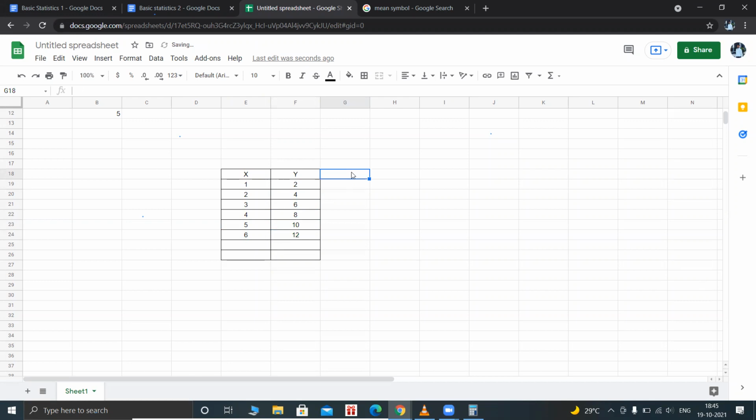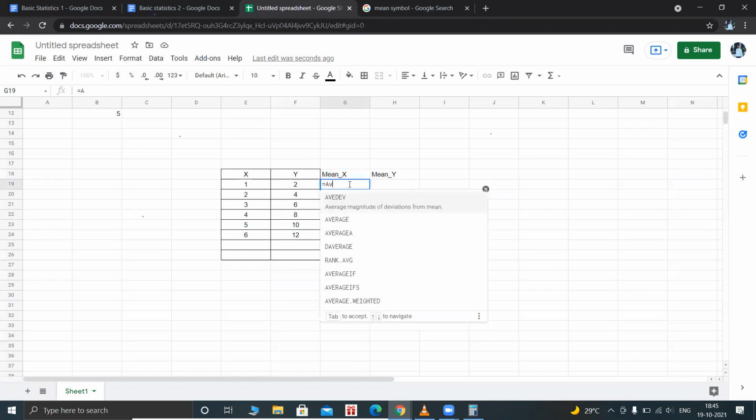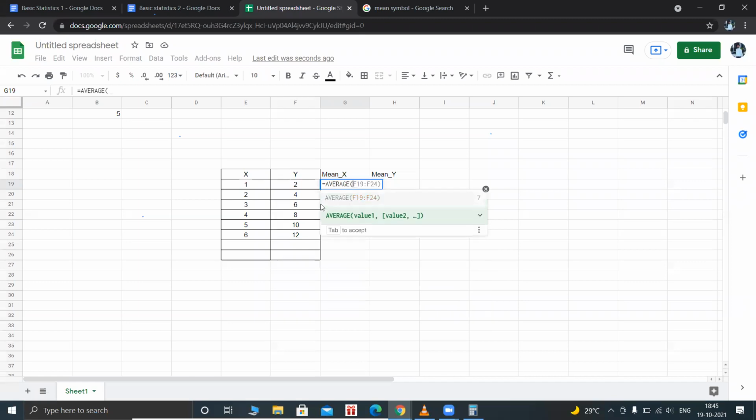Now the mean of x and the mean of y. What is the mean of x? It is 3.5. It is equal to the average from here to here.